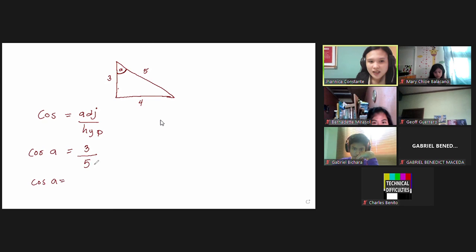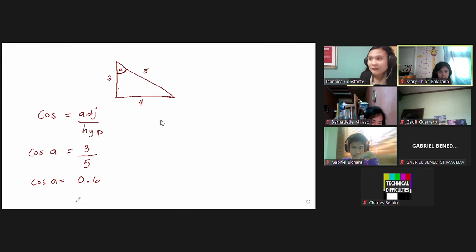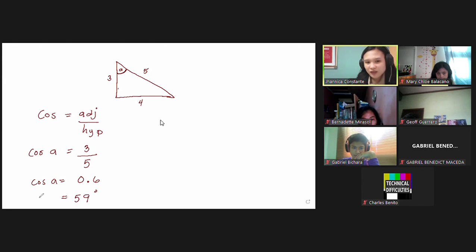So cosine A is 3 divided by 5, which is equal to 0.6. Cosine of 0.6 is equal to how many degrees? 59 degrees. So the measurement of angle A is equal to 59 degrees.